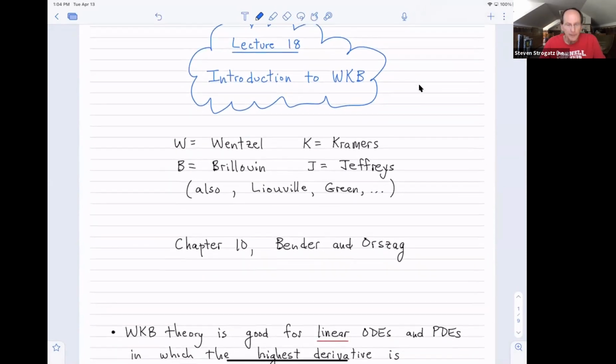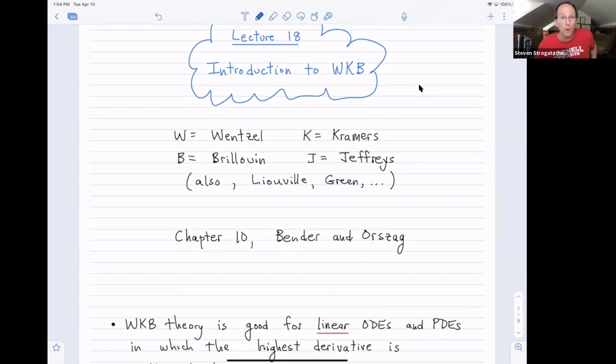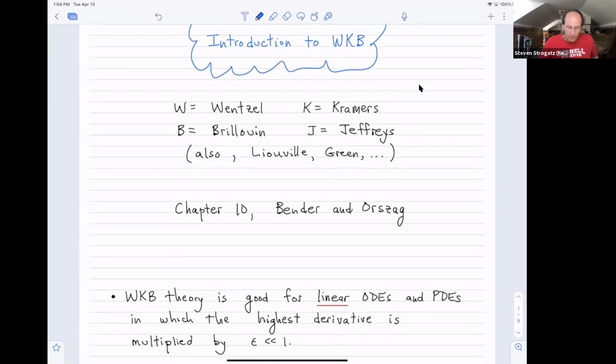All right, so let me first just make a few remarks about what this is good for and how it differs from what we've been doing so far with boundary layer theory. For one thing, WKB theory is very much a method that's tailored to linear differential equations. So that's both a strength and a weakness. For linear problems, it really gives you some nice results, but it doesn't apply to nonlinear problems.